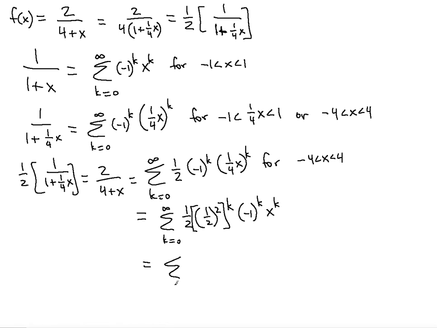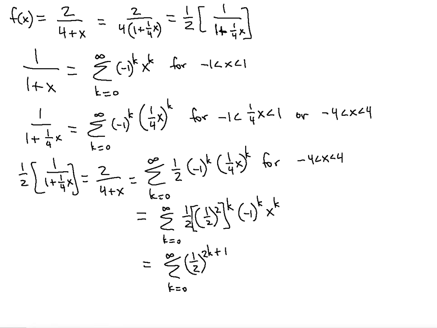And again, this simplifies even more because we know 1/2 squared set to the k power is going to be 1/2 to the 2k. And then there's this 1/2 that's set to the first power, so we will have 1/2 set to the power of 2k plus 1, right?